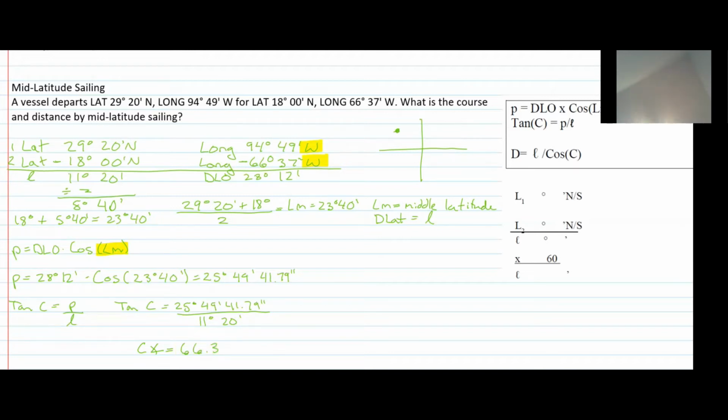So we're at 29 degrees and 94 degrees, our lat and long, and then we're going down to 18 degrees. So that would be right in this area. And we are going further east. So we have a southeasterly course.